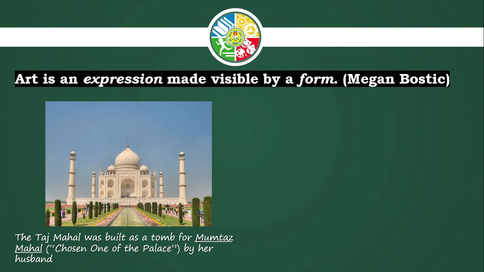Art is an expression made visible by a form. So this Taj Mahal is actually a building, but it is not just a building. It is like a burial place. Mumtaz Mahal was buried there, and the one who had the building made was her husband.